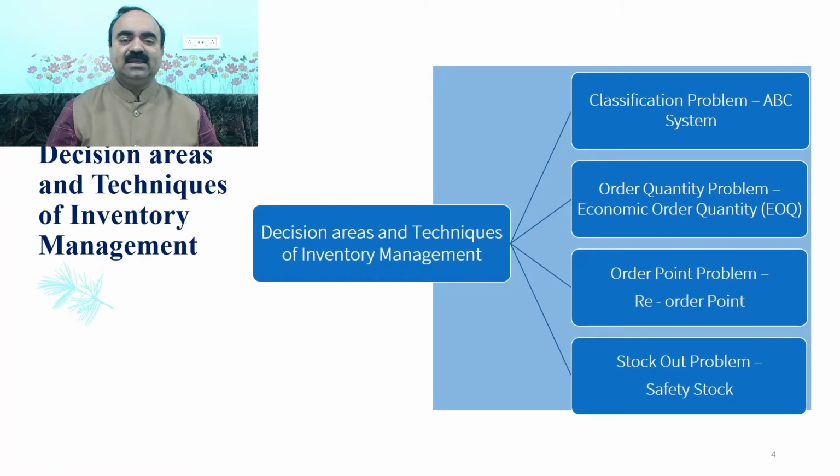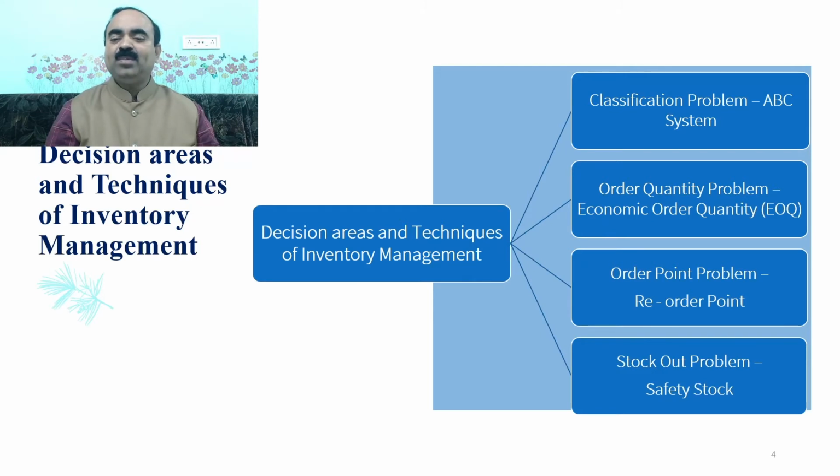Decision areas and techniques of inventory management. Decision areas and techniques of inventory management can be divided into four types. 1. Classification problem, which can be solved with the ABC system. 2.